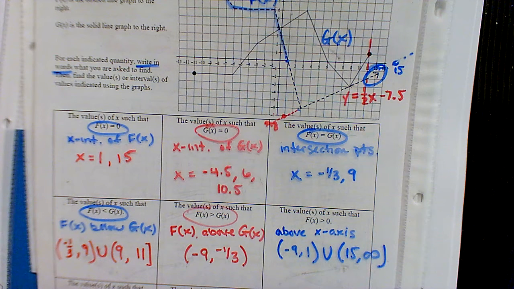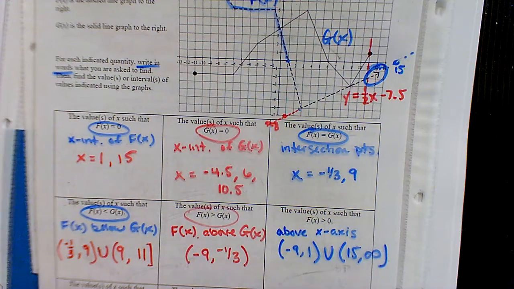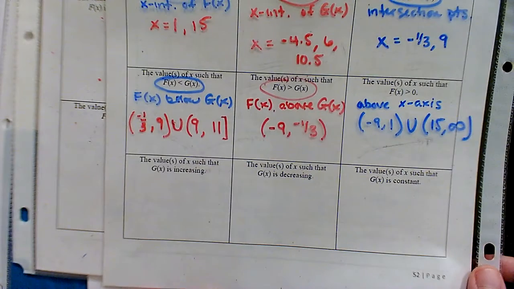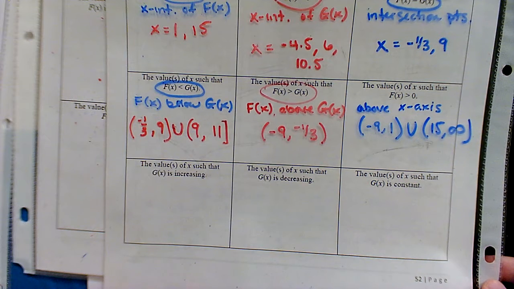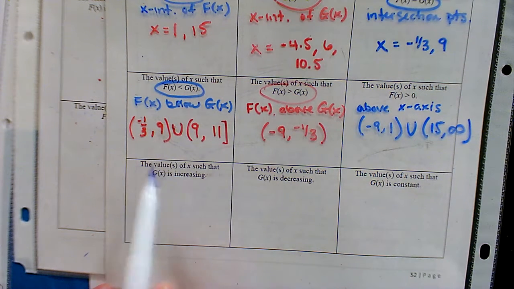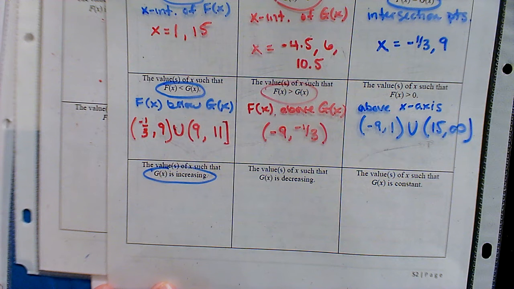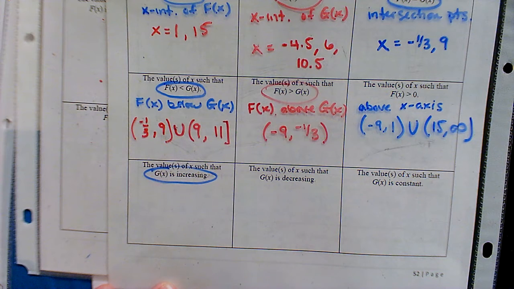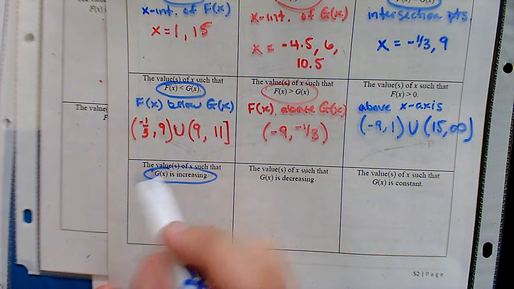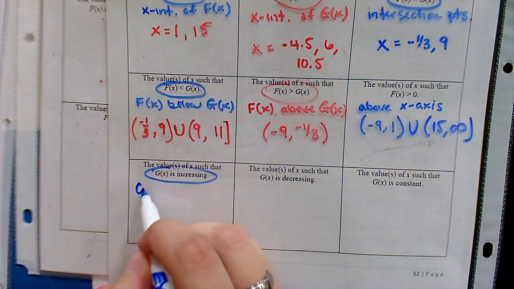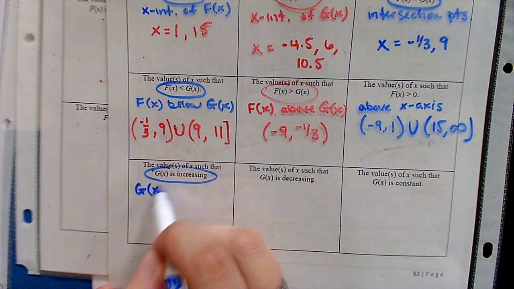Are we doing okay? Do you guys want to try the next one on your own, maybe? All right, take a look at the next one. G of x is increasing. So in words, how can you describe maybe graphically what's going on? What should you be looking for on that picture? Positive slope. Okay, so g of x is the solid line.